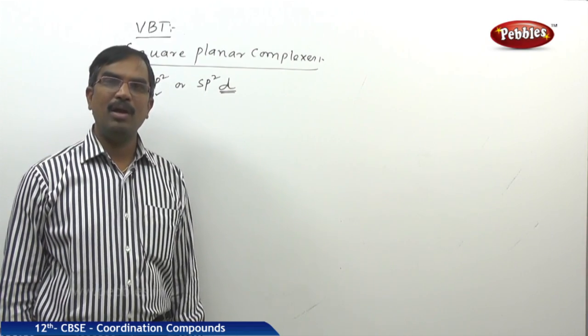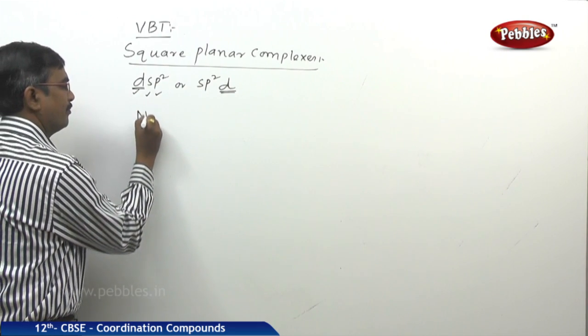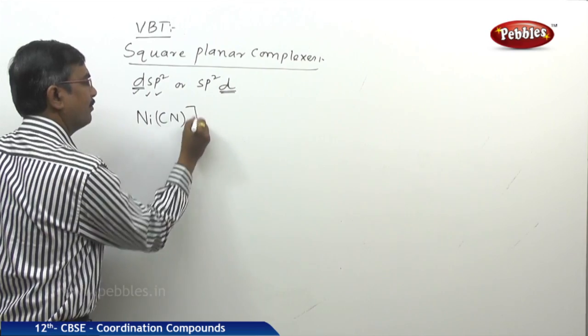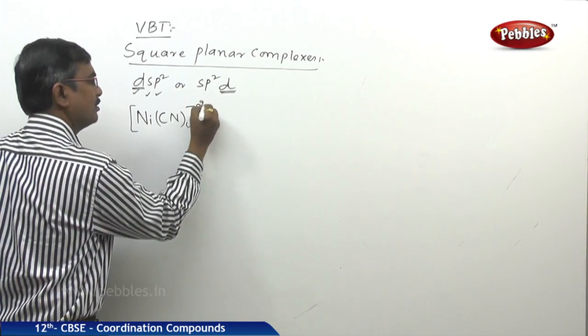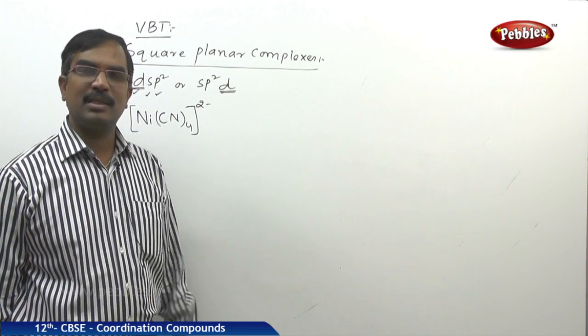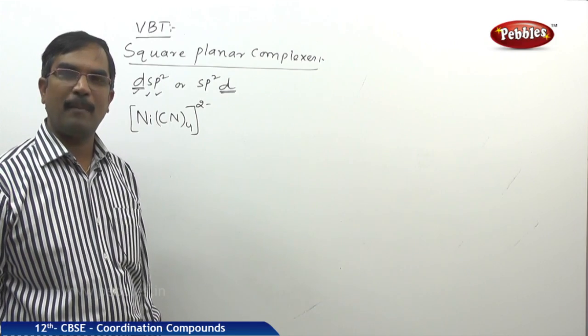For example, take [Ni(CN)4]2-, which is the cyanide complex of nickel. In this case, the oxidation state of nickel is +2.